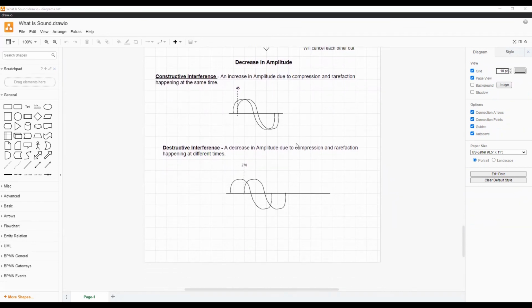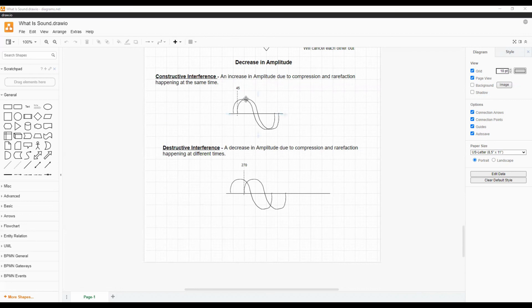If the sound waves begin at partially different intervals, there will be constructive interference or destructive interference. Constructive interference is an increase in amplitude due to the compression and rarefaction happening at the same time. So with this example, we have a wave that starts at 0 degrees, and then another wave that starts at a shift of 45 degrees.